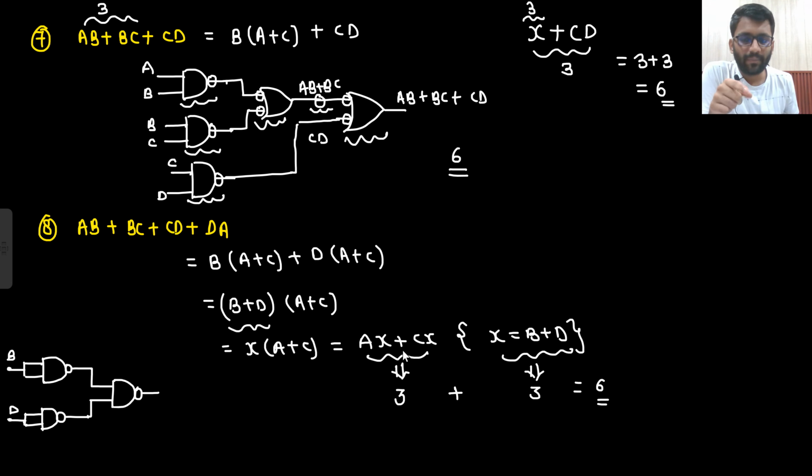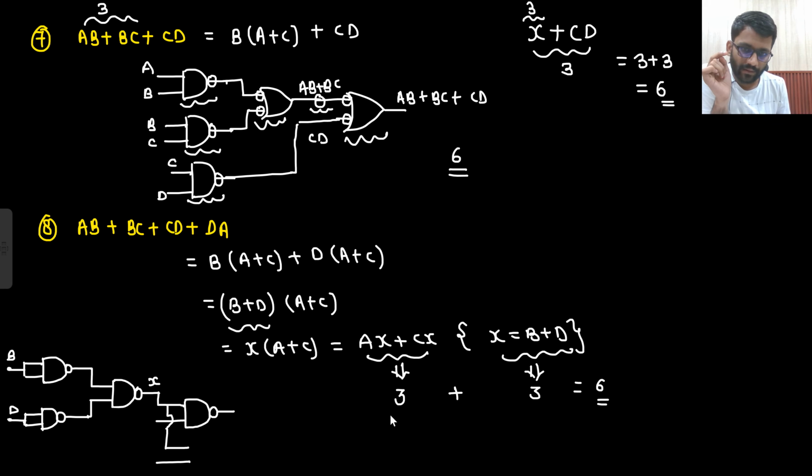And then AX plus CX. So this is the X which I was talking about. So this X I will take and my target is to implement AX and CX. So X will go here and A will come. And this X only will come and C will come. This is X, this is A, this is C. So AX plus CX you are having.